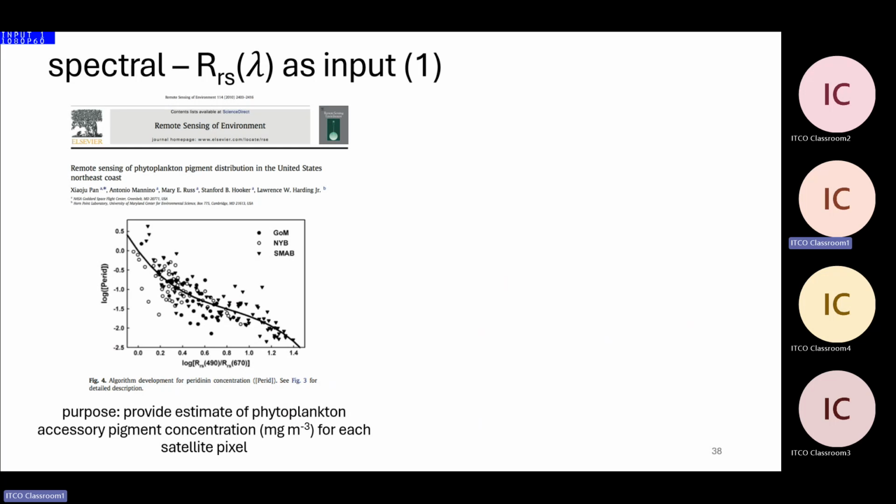So if we look at, for example, here, this was just a very simple empirical model looking at the pigment peridinin on the y-axis versus a ratio, so again looking at spectral shape, a band ratio between 490 and 670.